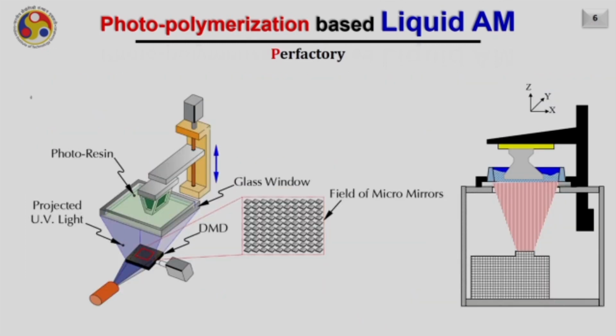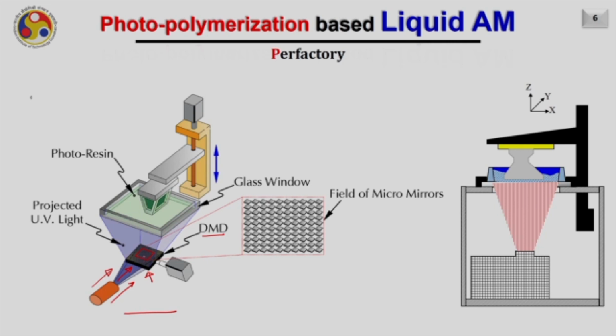As I have mentioned already, the micro mirror device. So this is how a typical Perfactory system or a DLP based system looks. It consists, on the bottom side, of a DMD, which is called digital mirror device or DLP, digital light processing. A UV light is projected on this mirror device, as you can see from here.